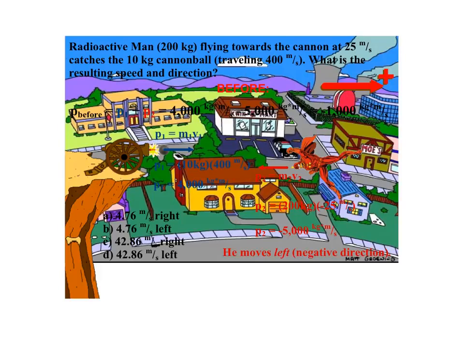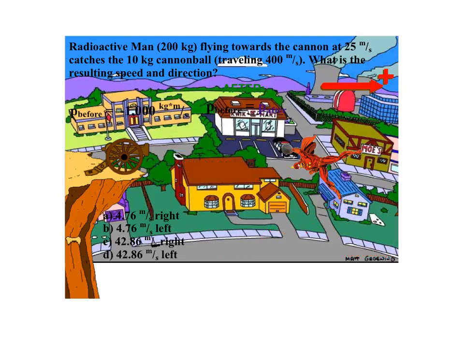This also means that we should have the momentum afterwards being equal to a negative 1,000 kilogram meters per second as well. Afterwards, they combine and become a combined mass of 200 kilograms plus 10 kilograms, or 210 kilograms, and it's our job to figure out what the speed or the velocity, when you add direction, is of the combination.